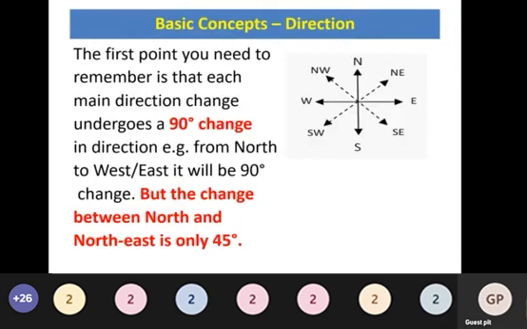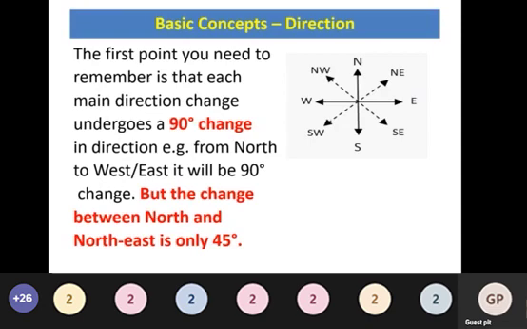The first point you need to remember is that each main direction change undergoes a 90-degree change in direction. For example, from north to west, or north to east, it will be a 90-degree change. But the change between north and northeast is only 45 degrees.